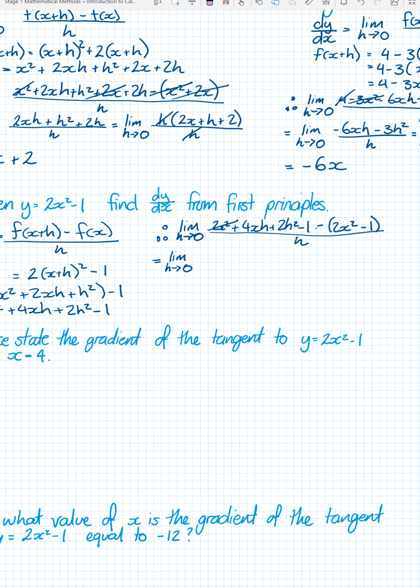The 2x squared minus 2x squared cancels out, minus 1 minus minus 1 cancels out, leaving 4xh plus 2h squared over h, taking h out as a common factor, so they cancel out.